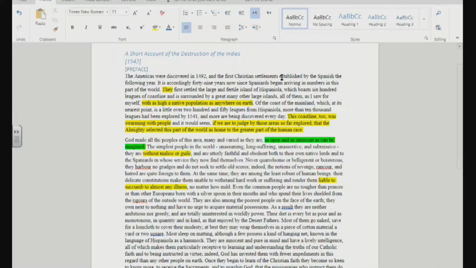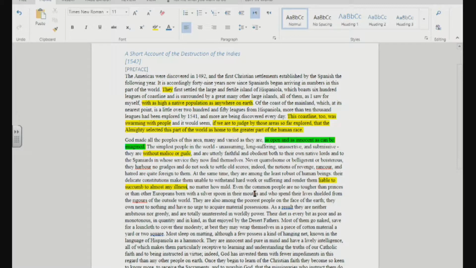So if we dig back into this, we can see that de las Casas is making this really interesting contrast, right? And in fact, he does the contrast here. Even the common people are no tougher than the princes or other Europeans born with a silver spoon in their mouths.